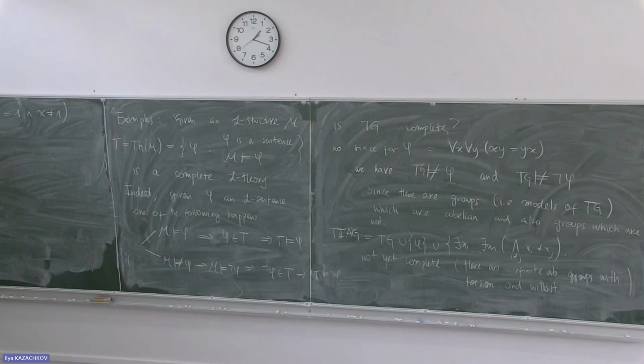Of course, there are going to be groups in which this is true, and there are going to be infinite abelian ones. How do I capture the theory of infinite abelian groups which are torsion-free? Sorry for this horrible description of my theory.